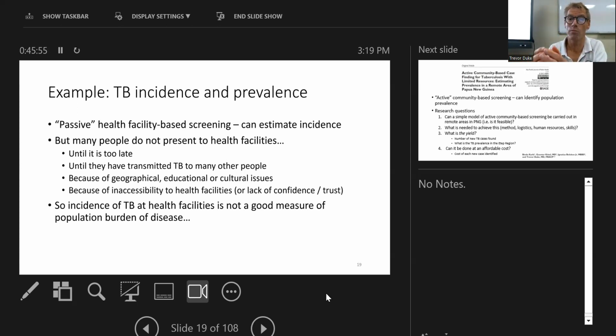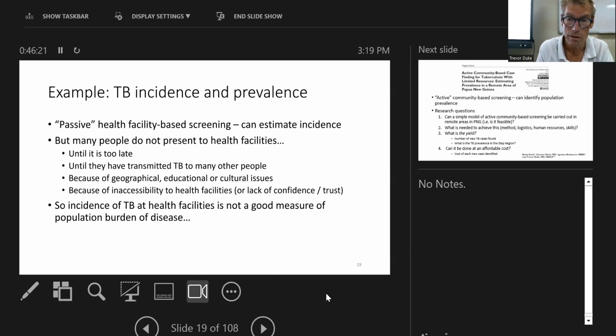And sometimes they don't come to health facilities because of geographical or educational or cultural issues, or because it's just inaccessible, or because they don't understand what a health facility will do. There's lots of reasons why people with TB don't present to health facilities. So the incidence of TB at health facilities is not a good measure of the population burden of the disease, right?